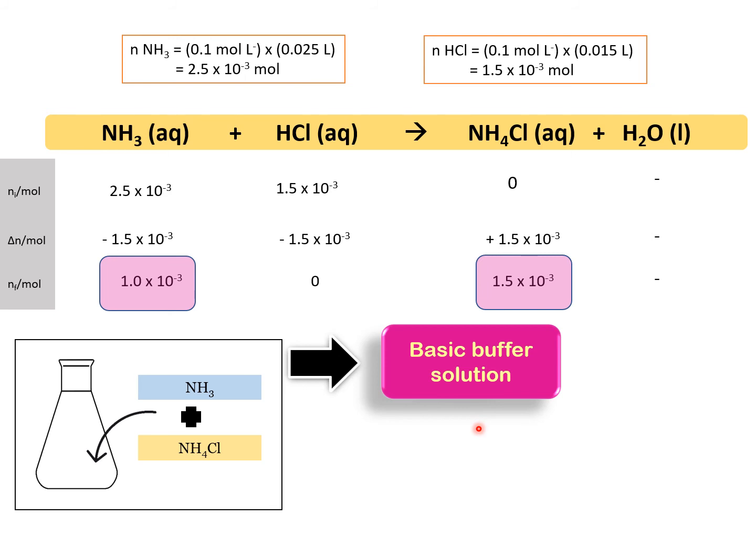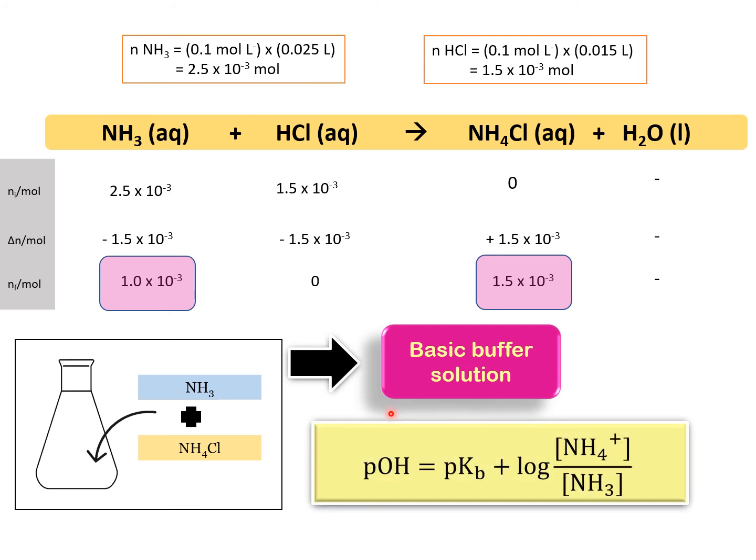Acidic buffer, title dia pH. Basic buffer, inilah awak punya equation. pOH equals to pKb plus log concentration of NH4 plus over concentration of NH3. This one. So, please make sure you use the correct Henderson-Hasselbalch equation by determining what's the buffer solution produced.